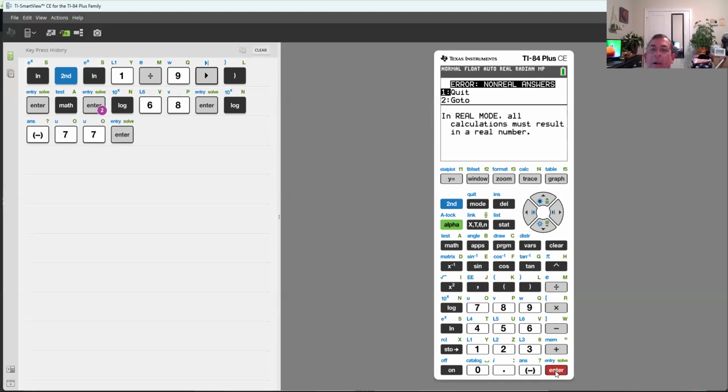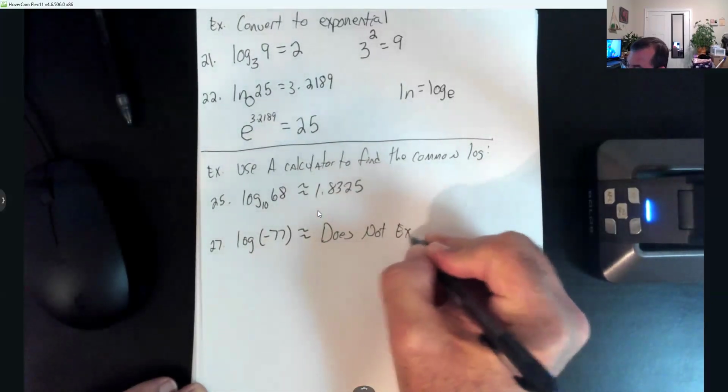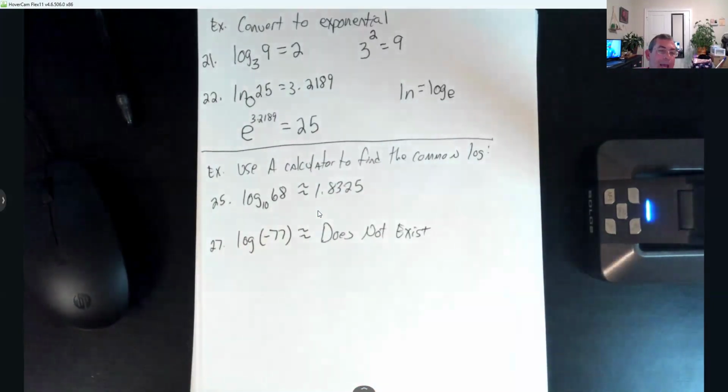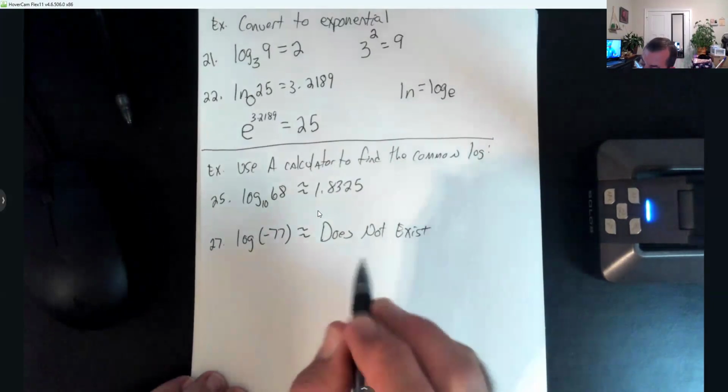If I hit enter, I get an error because I'm in real mode and all calculations must result in a real number. This tells me I got non-real answers. So that means if you try to take the log of a negative number, it does not exist. So remember, if you get an i on those, it's not real, so it does not exist.